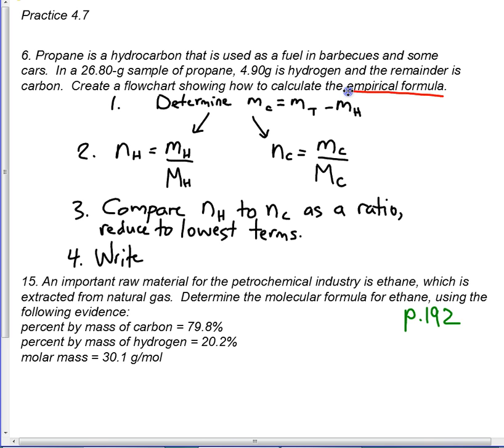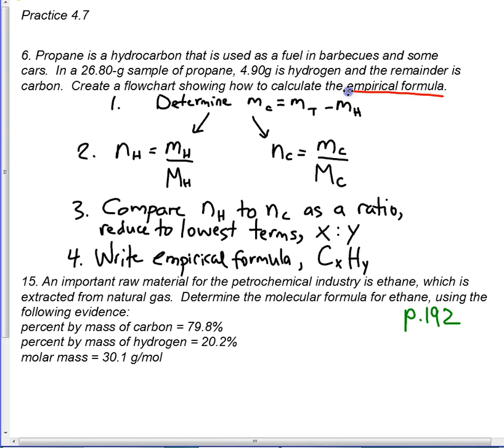The last step would be to write the empirical formula using the lowest ratio as our subscript amounts. So whatever that would be, we can say a ratio in step 3 would be x to y.